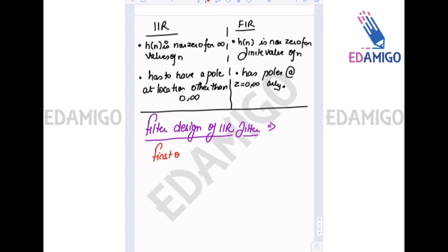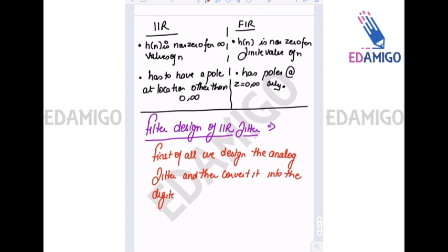First of all, we design the analog filter and then convert it into the digital filter. Why do we do this? Because the designing of the analog filter is very much advanced. So for filter design, first of all, the digital filter is designed in the analog format.